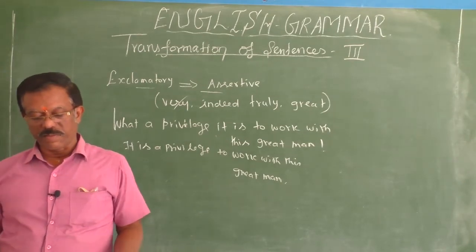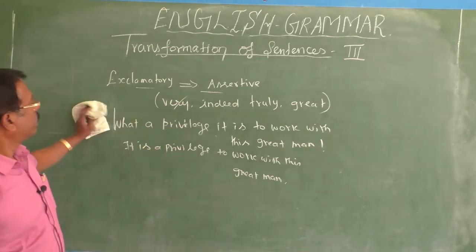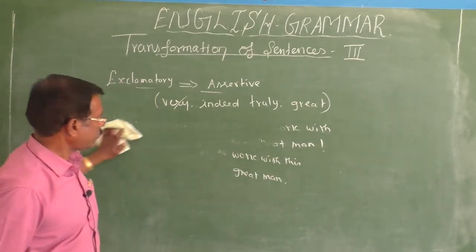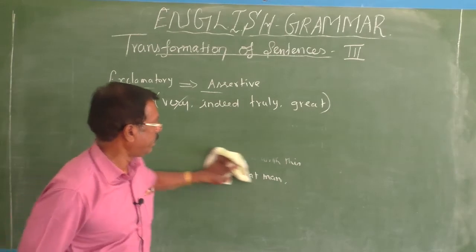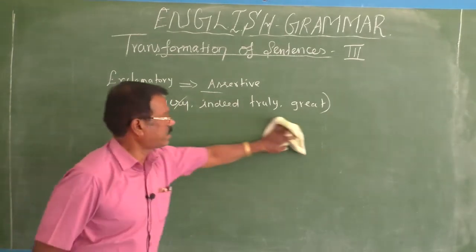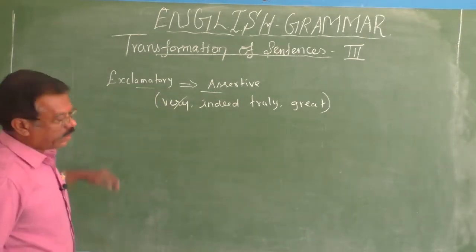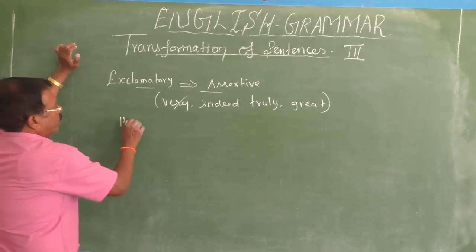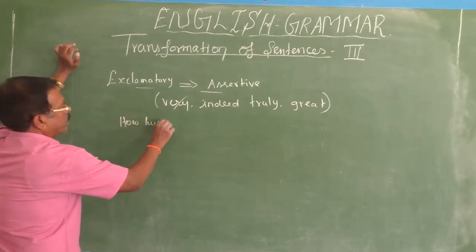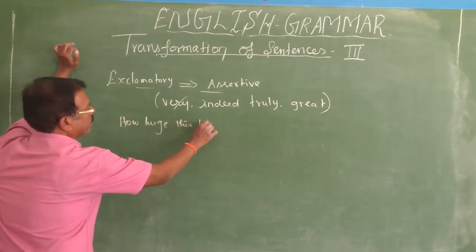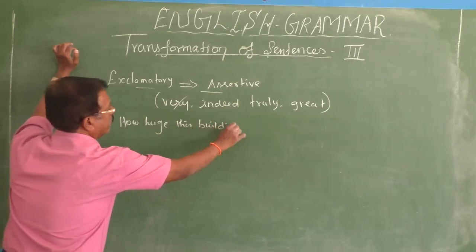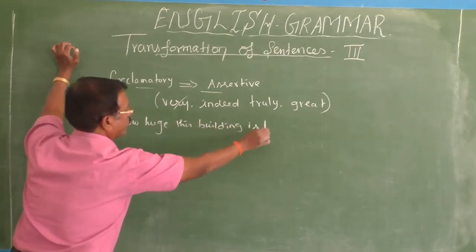I'll give you some more examples. How huge this building is. Here the exclamatory sentence begins with how, and ends with an exclamation mark.